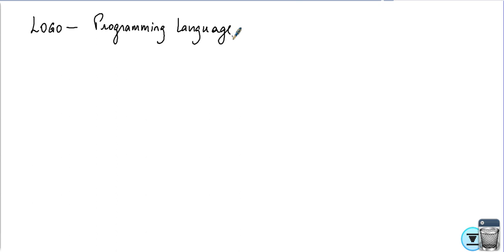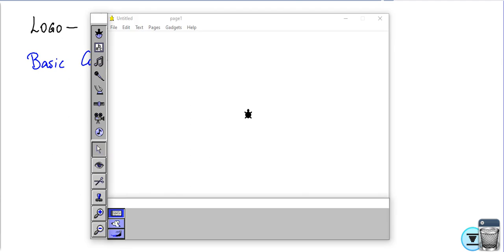So, what are the basic commands of LOGO? Later on, I will show you LOGO at work. First of all, when we have LOGO, if we had to look at the screen, we'll see something like this. We will see a turtle. It's here in the middle.